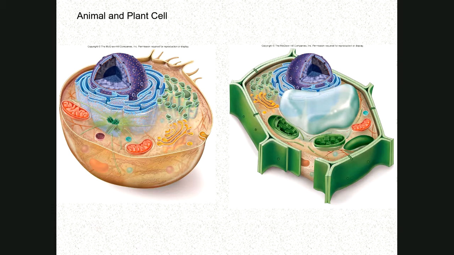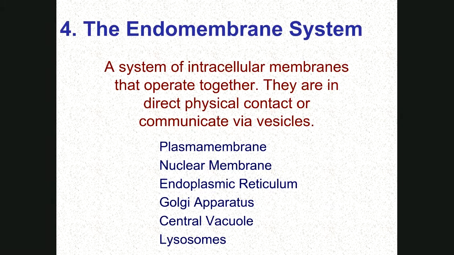You see how they communicate with this through vesicles. And look at this, how they communicate with the plasma membrane. It's through vesicles. There are no physical contacts between this orange one and this plasma membrane, or this one with this one. It's just through vesicles. All right, so they are either in contact directly, physically, or via vesicles.